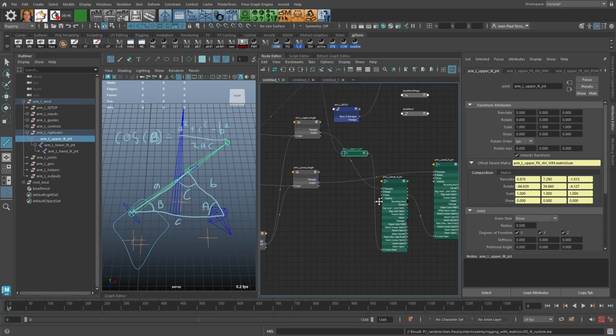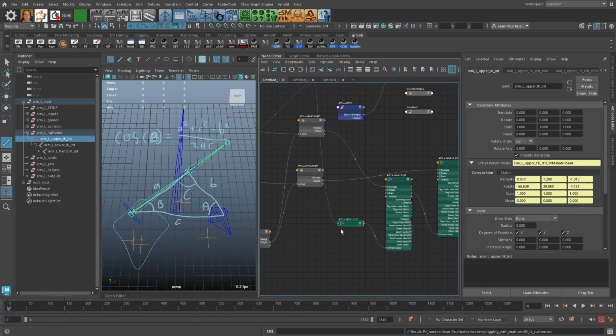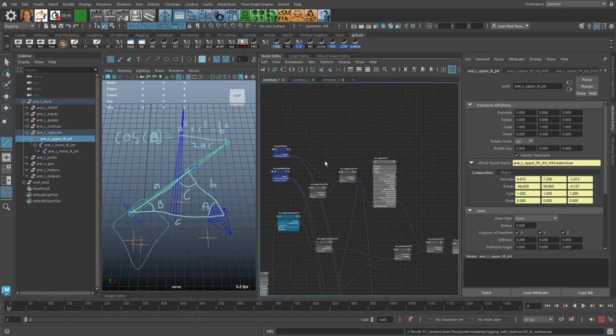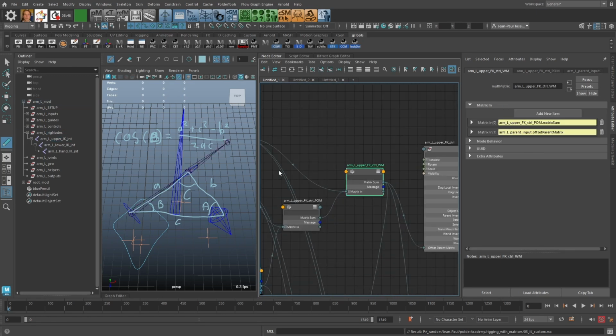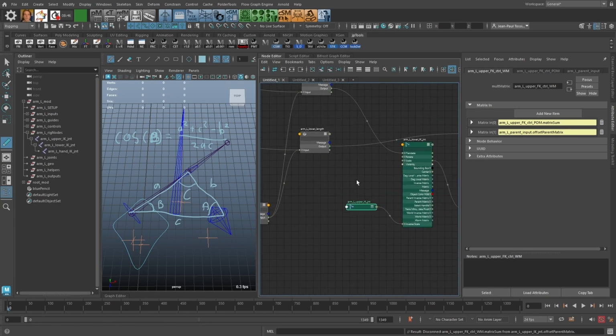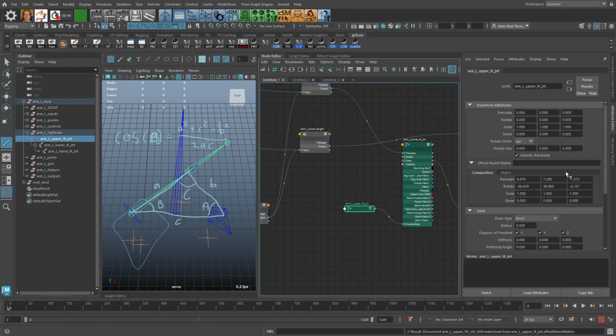And the input of the joint is now still the upper arm FK, which is pointing in this direction. We don't want that for now, so let's cut this connection and reset its parent offset, so we can just put 0 values.